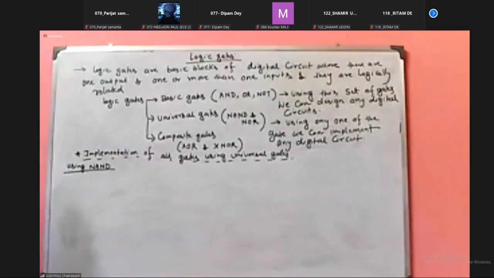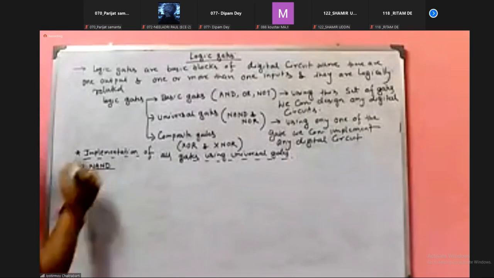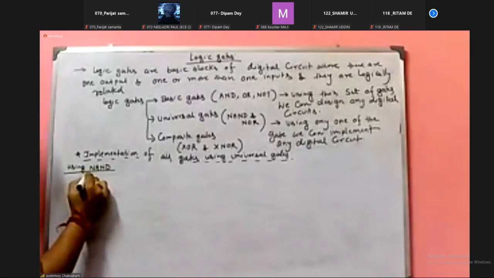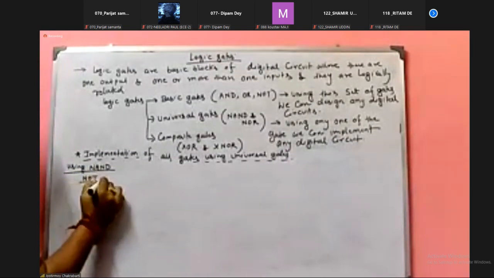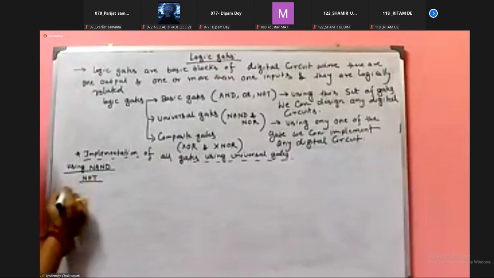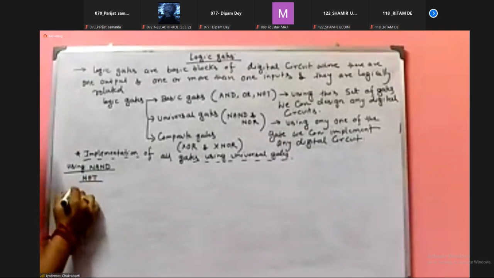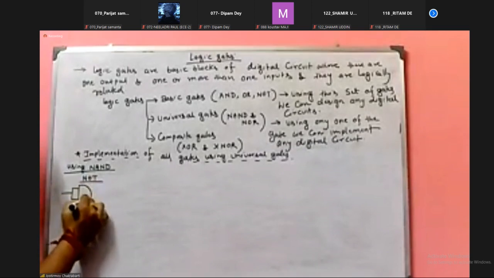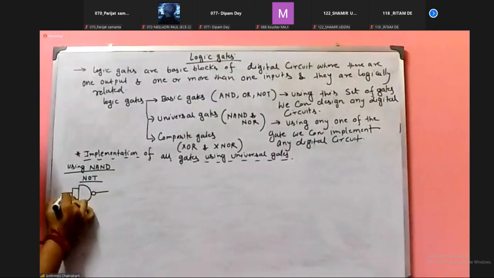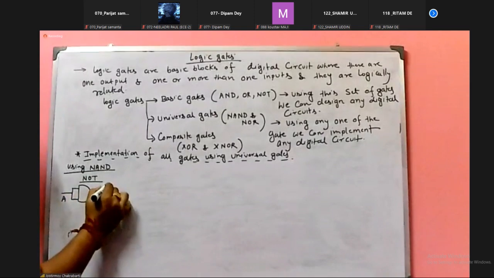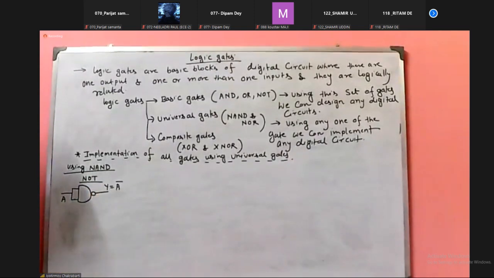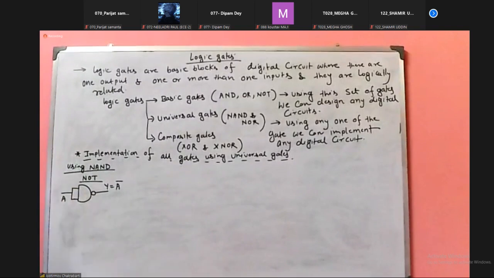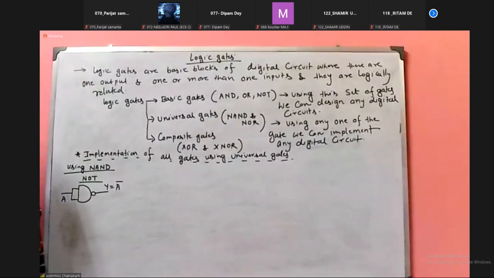So using NAND, first NOT. NOT means inverter. How can we design an inverter? Taking a NAND gate and shorting its two inputs, you can form an inverter.